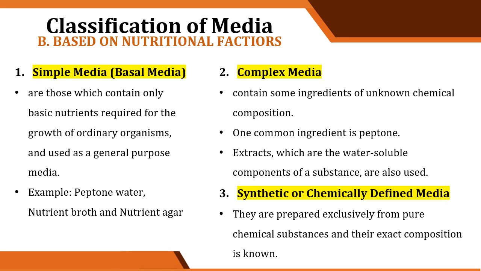Those media are called complex media. Another example of complex media is nutrient agar. Nutrient agar is also a complex media, because we do not know exactly what its composition is.